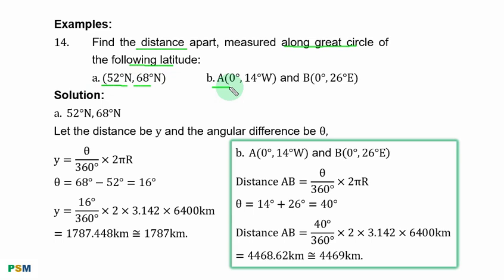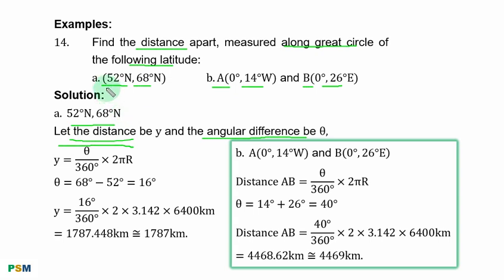A, latitude 0 degrees, longitude 14 degrees west, and point B, latitude 0 degrees, longitude 26 degrees east. Solution. A part of the problem, let the distance be y and the angular difference be theta. The distance is along great circle, obtained using this formula.